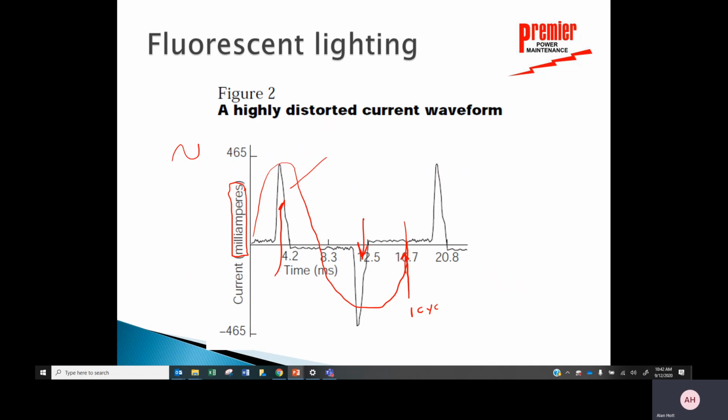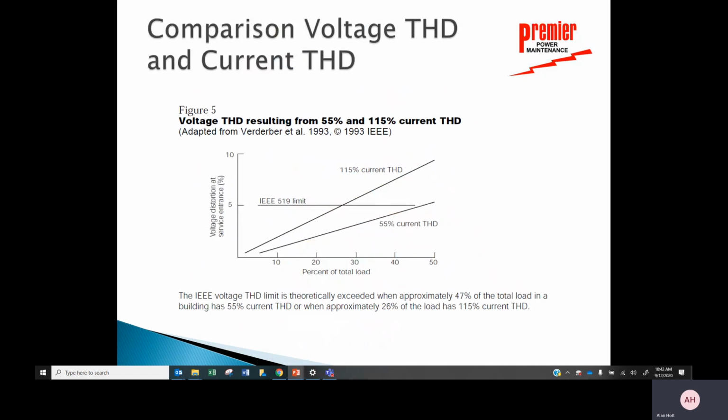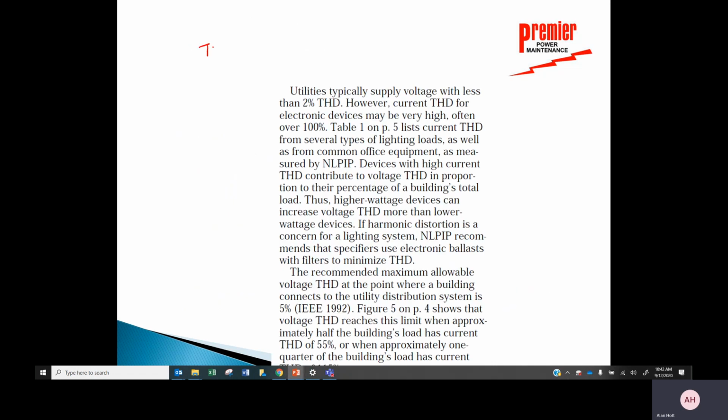So we get into the terminology that's called total harmonic distortion, THD. So talking about total harmonic distortion, I'm going to read this out of the IEEE manual. It says that utilities typically supply voltage with less than 2% total harmonic distortion. And we'll get into some calculations in harmonic distortion in a little bit.